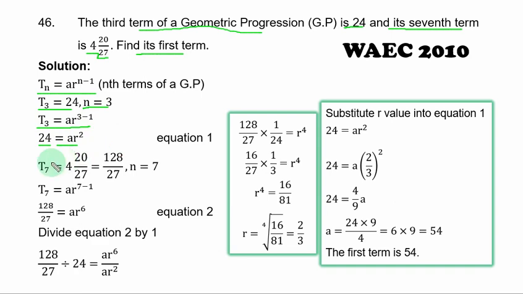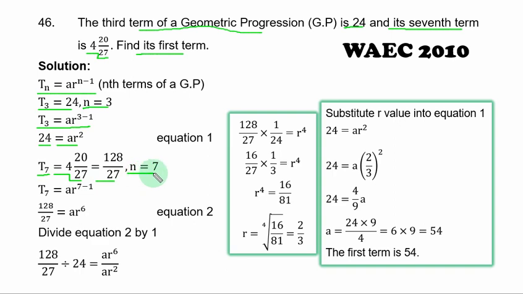From the same question, the seventh term t sub 7 is equal to 4 20/27. You convert it to an improper fraction, you have this result. At this point, n is equal to 7.